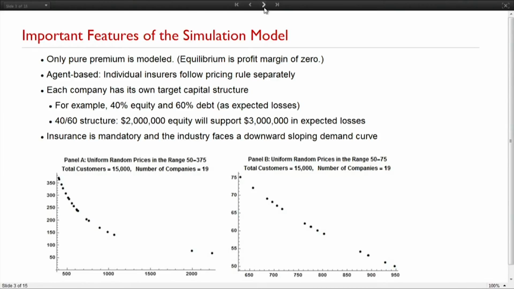One thing to keep in mind with the demand curve, every insurance company gets at least a customer, at least a small batch of customers. So even if some insurance company charges a really high price, they'll still get a tiny part of the market, which isn't that weird. Companies will start charging higher prices and their customers are loyal.